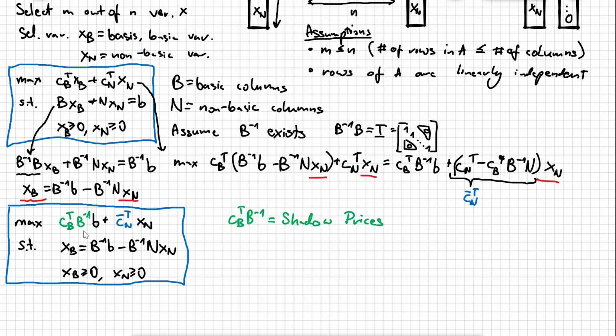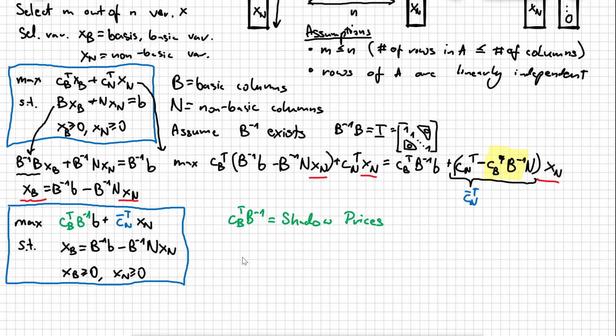Each shadow price multiplies the right-hand side of the constraint, and it gives us some kind of value for the objective, by multiplying the available right-hand side values, like available resource units, by a price of the resource, right? And notice that those shadow prices also occur here, maybe I'll highlight it. The shadow price is also here, cB transpose B minus 1.